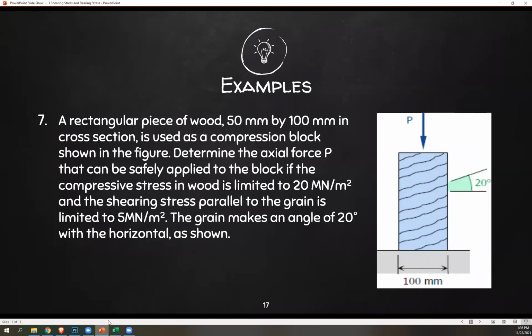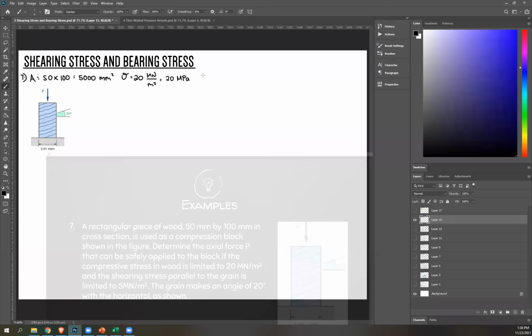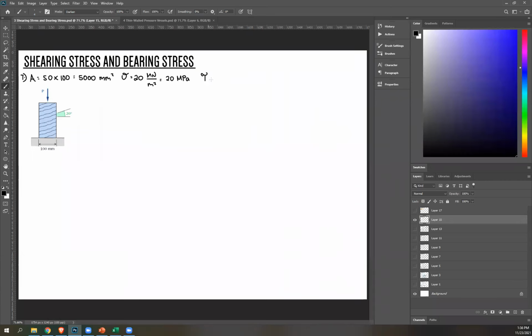And then we also have shearing stress parallel to the grain, 5 meganewton per meter squared. So I'll write that shearing stress, or rather this symbol, okay? Again, this means parallel, this means perpendicular. So parallel to the grain, 5 meganewton per meter squared, or simply 5 MPa.